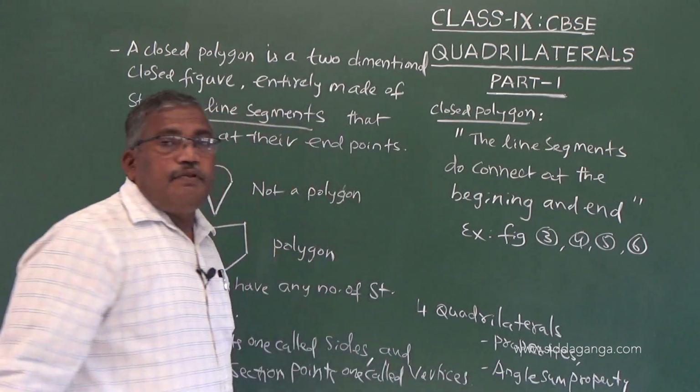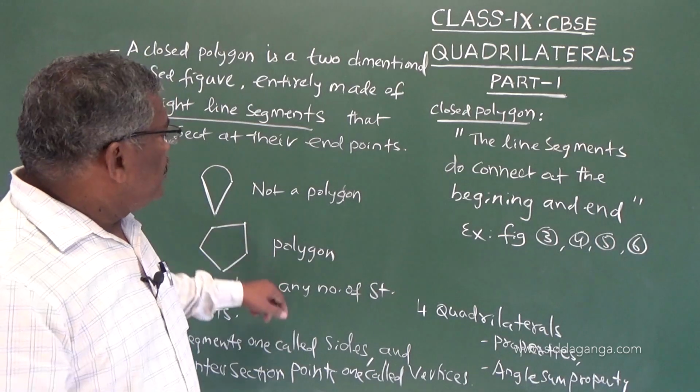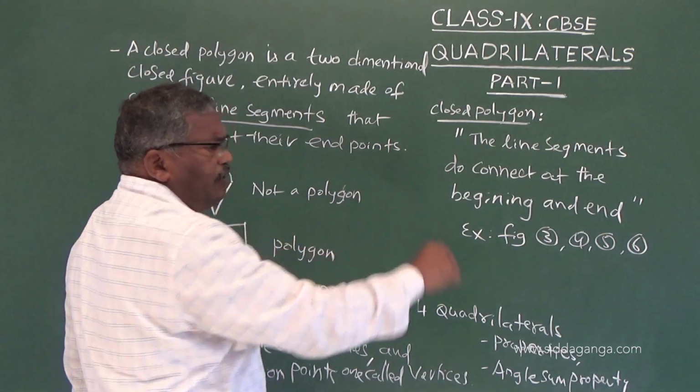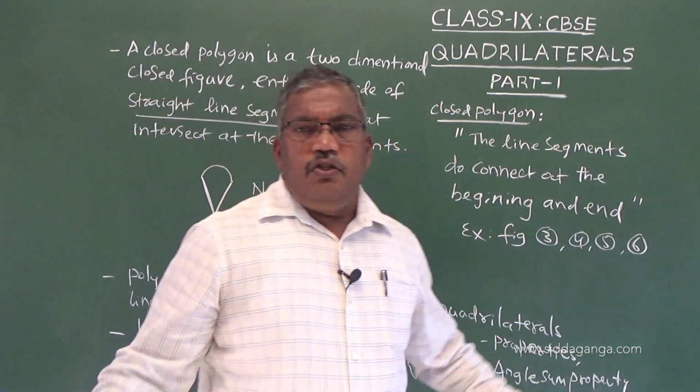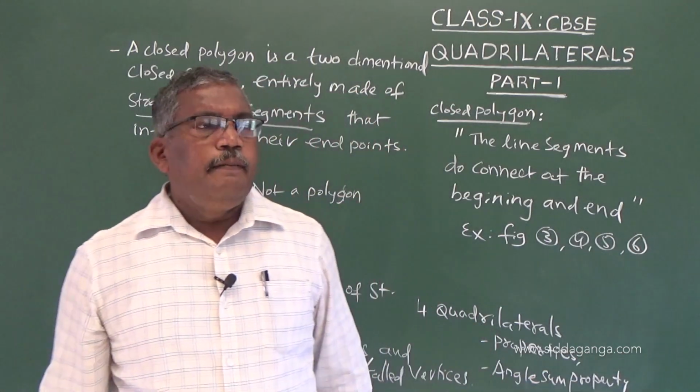So you are aware of these words. In a triangle, we have 3 vertices, 3 sides and 3 angles.